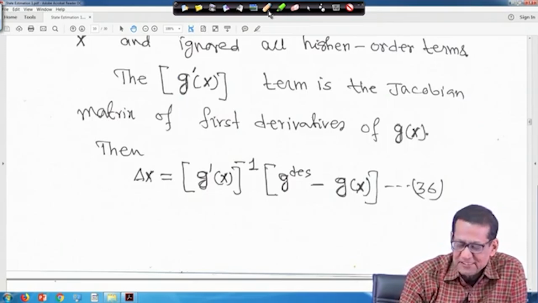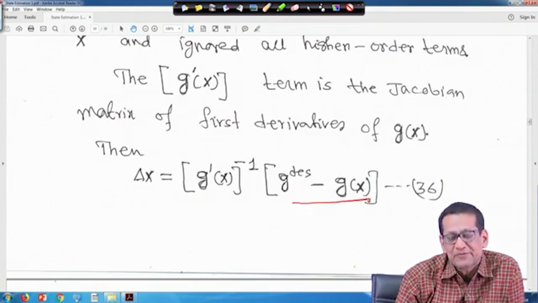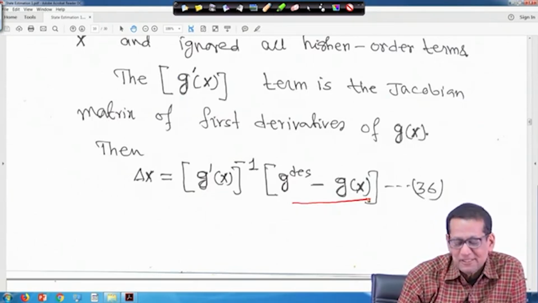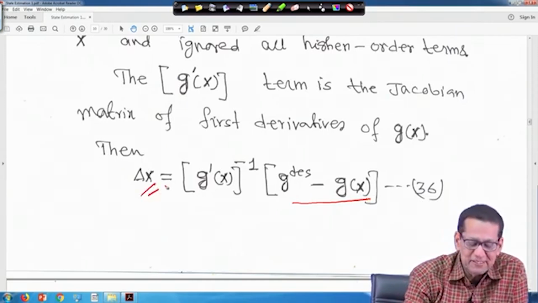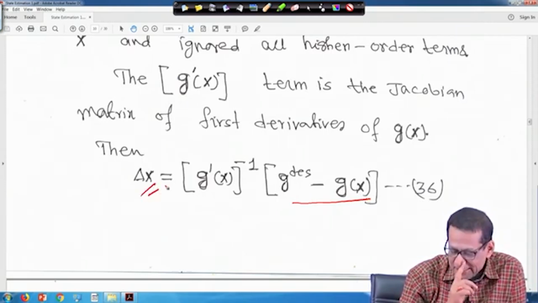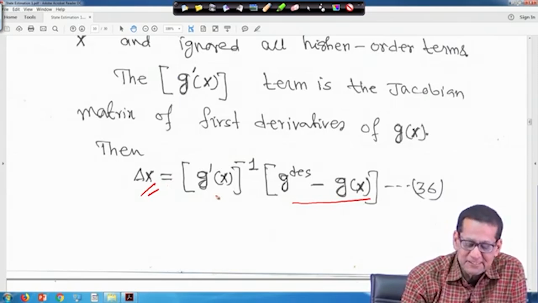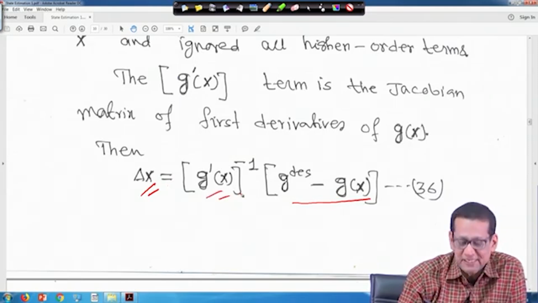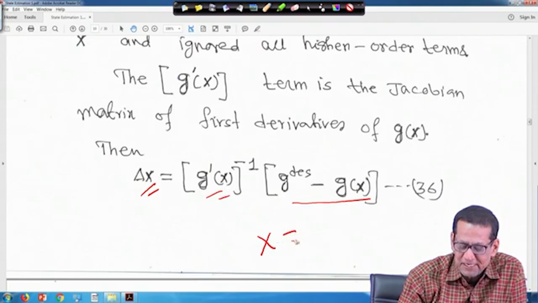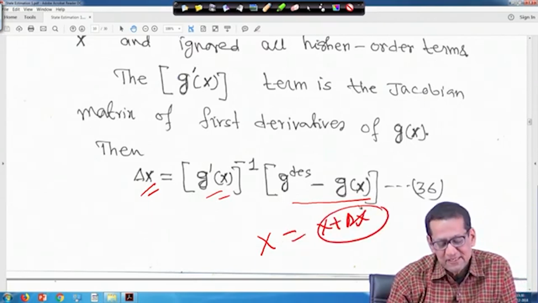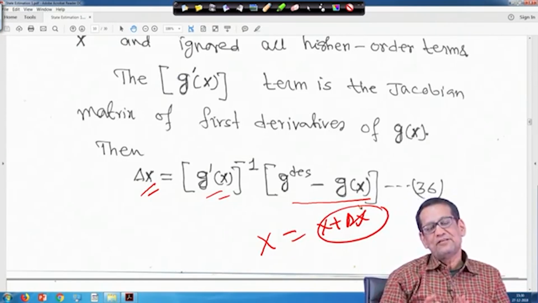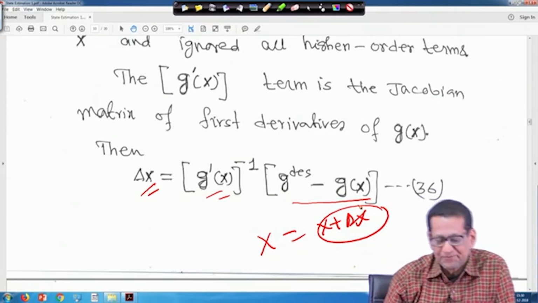When g(x) is equal to g desired, the solution has converged, and at that time delta x will become 0. So you take the derivative of the function g(x) and iterate, updating x equal to x plus delta x in every iteration. Later we will see that we have to force the gradient to become 0 iteratively.